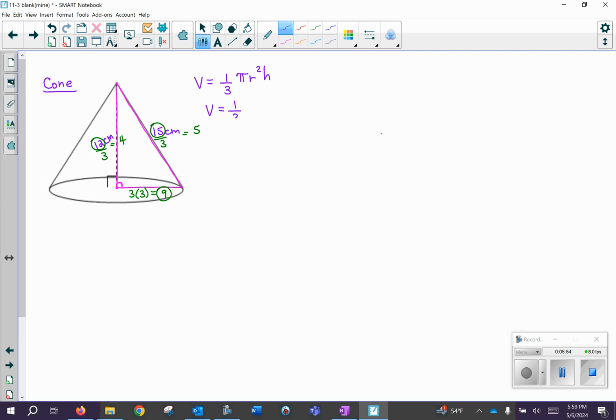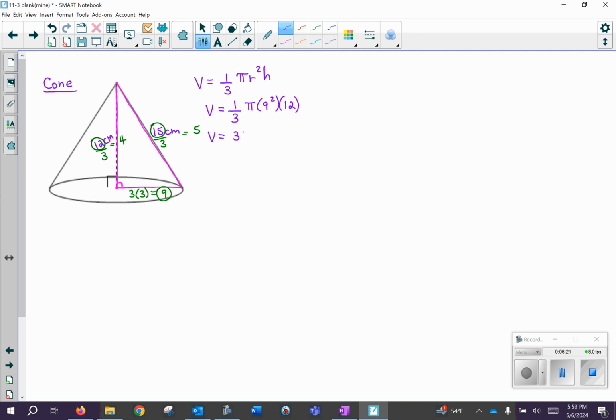So volume is 1/3 pi times the radius, 9, that we're squaring, times the height of the cone, which is 12. Answers in terms of pi and decimal, please. So I would do 9 squared is 81 times 12, push equals, divide by 3, push equals.